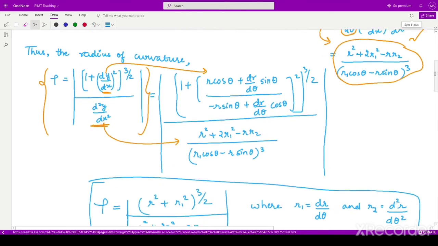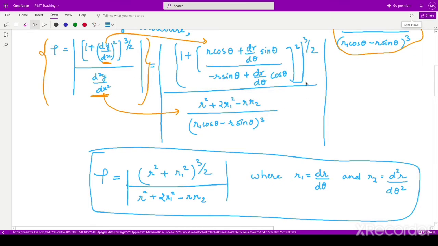After a lot of simplification, your curve would finally be r square plus r1 square the whole raised to power 3 by 2 divided by r square plus 2r1 square minus r r2, where r1 is dr by d theta and r2 is the double derivative of r with respect to theta. So this formula you have to remember for calculations, right?